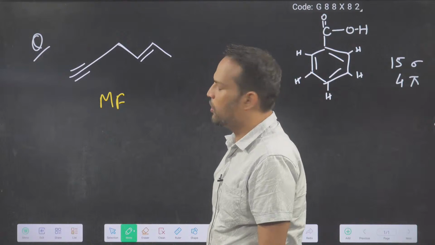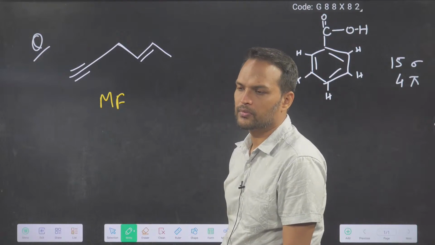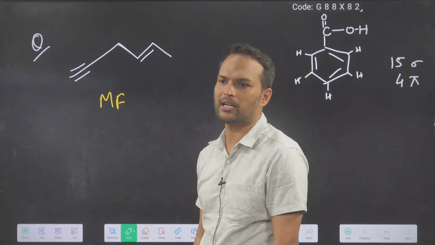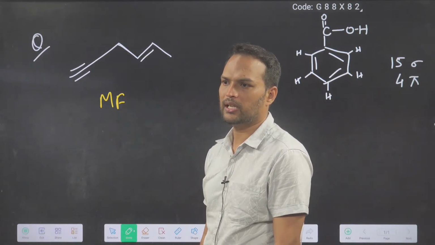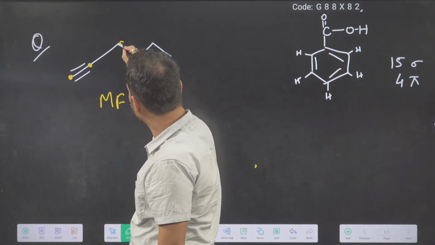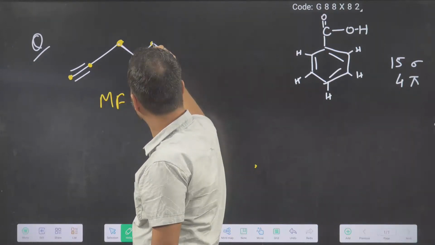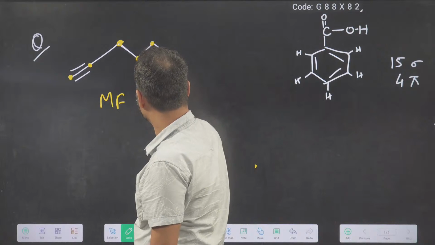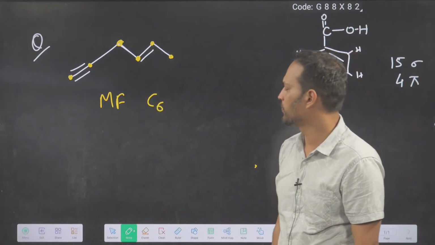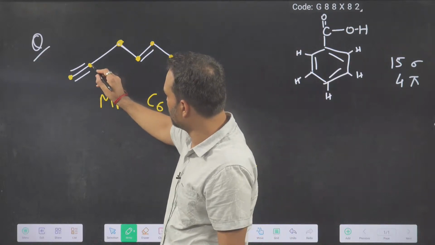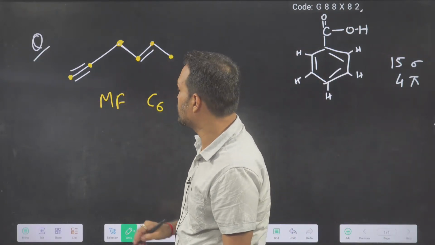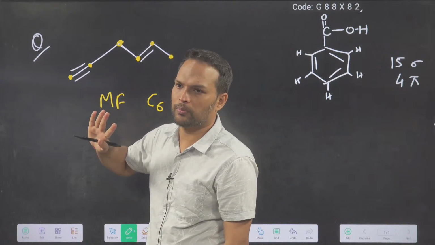So how many carbon atoms are there? Many people will make a mistake here. They are not able to count the number of carbon atoms correctly. So listen, 1, 2, 3, 4, 5, 6. So C6. This is also one atom. Now I told you small pi bonds means one atom is here also. C6. Now you have to count H. Carbon should have 4 bonds. Be careful.